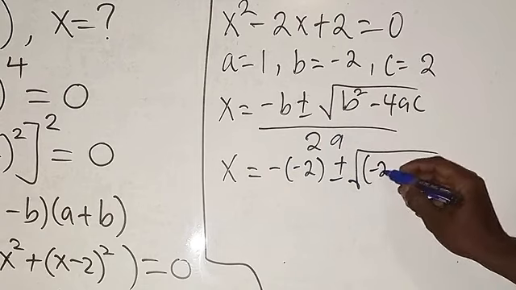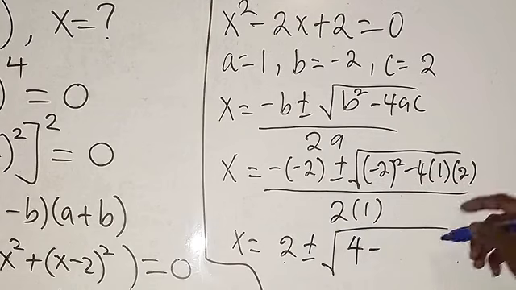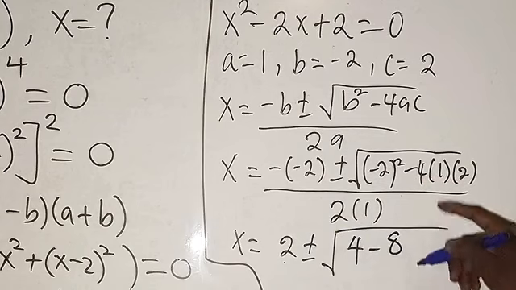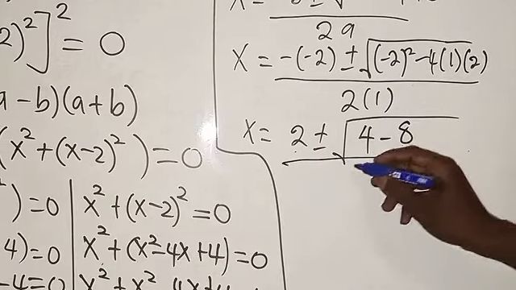Are you following? So now from there, we have x equals minus minus, which gives us positive, so plus, plus or minus the square root of minus 2 squared, which gives us 4, minus 4 times this, which gives us minus 8, divided by 2.